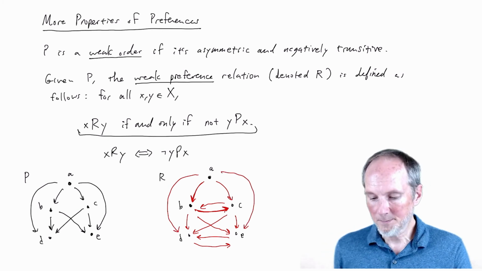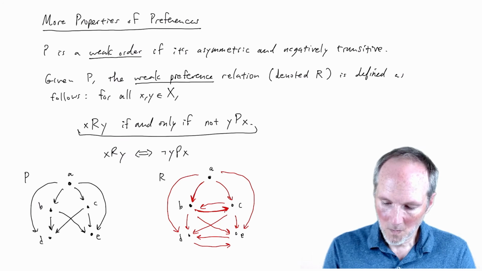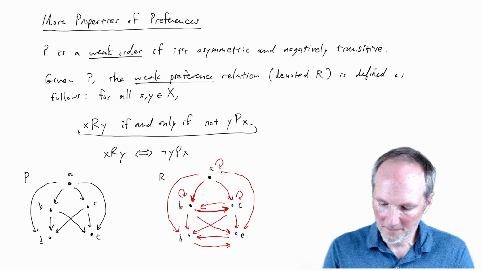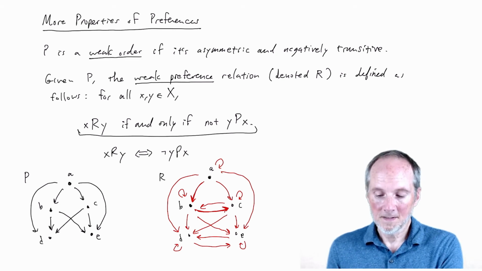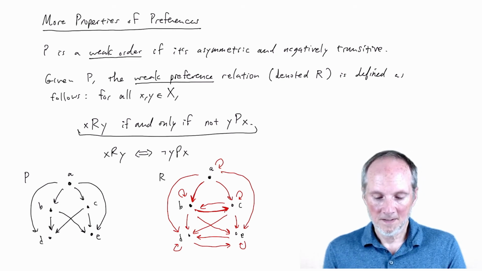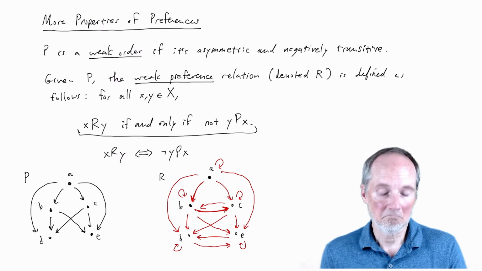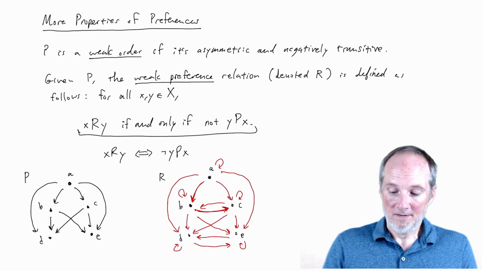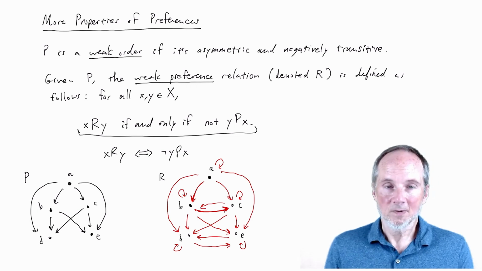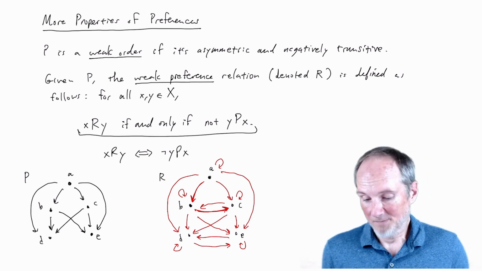Okay, and technically speaking, we actually need an arc going from A to itself and B to itself, C to itself, and so on. All right, so in red here, this is the weak preference relation that's generated by the strict preference. There's a lot of arcs in the graph, but the idea is really not hard.